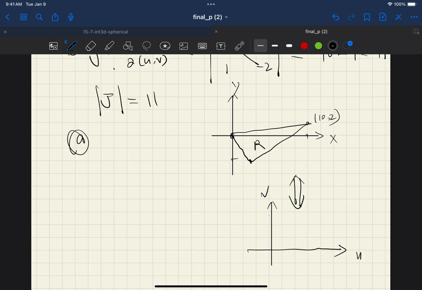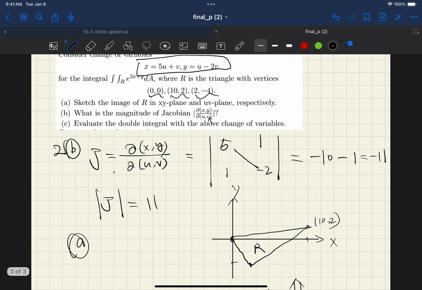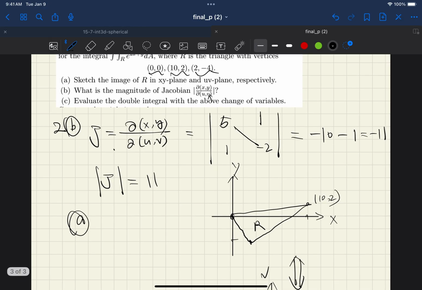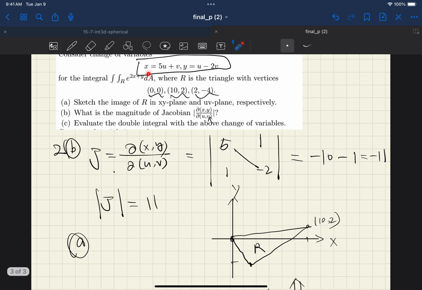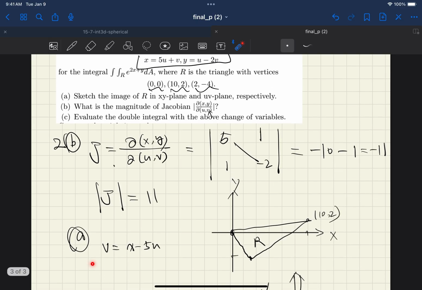So basically, we want to solve for this problem. You need to solve for u and v from this thing. So from the first one, we can solve for v in terms of x and 5 values. So we just do the simple calculation and substitute v into the second equation, which is y equals u minus 2v.